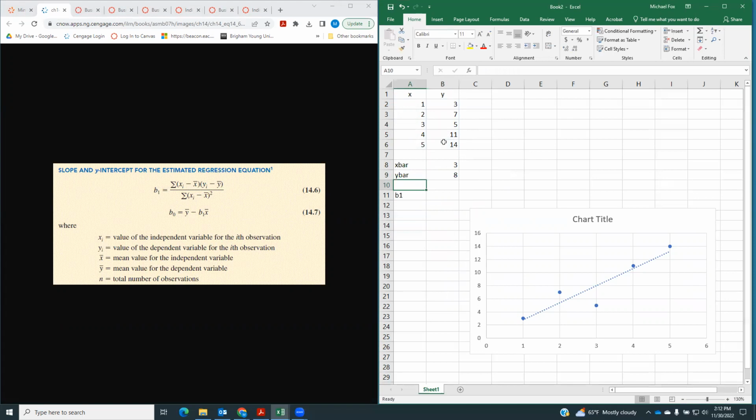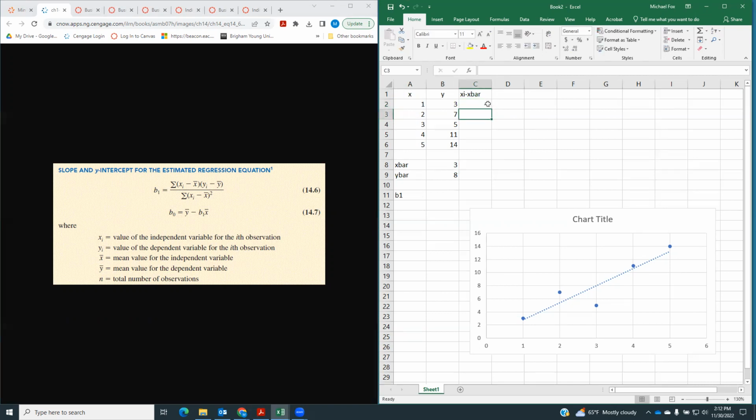And so now, if I want to figure out what xi minus x bar is, I would just say this equals the value of x. Xi means x for a given example of x, okay, minus x bar. And I'm going to lock in this average or mean.